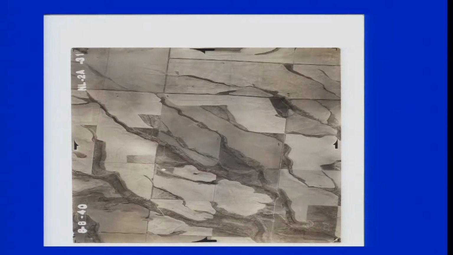So, similarly, what we were talking about, that different photographs will have different fiducial marks. Here you have half arrows. So, if you connect these, these are your fiducial marks.